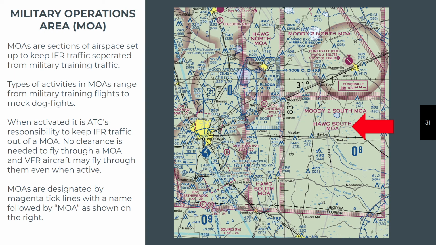So here, let's look at each of these. A MOA is a military operating area. In the real world, the military controllers would notify the en route controller that they have high-speed, low-altitude aircraft maneuvering in one of these defined areas.